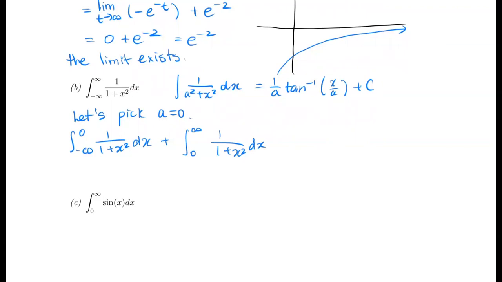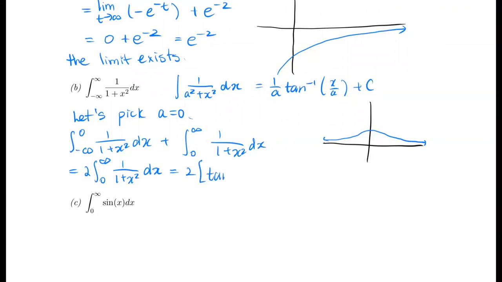What this graph looks like, if you consider it as a rational function, is something like that. Because it's symmetric, because it's an even function, we could combine these two. So we have 2 times the integral from 0 to infinity of 1 divided by 1 plus x squared dx, which is equal to 2 times tan inverse of x evaluated from 0 to infinity.